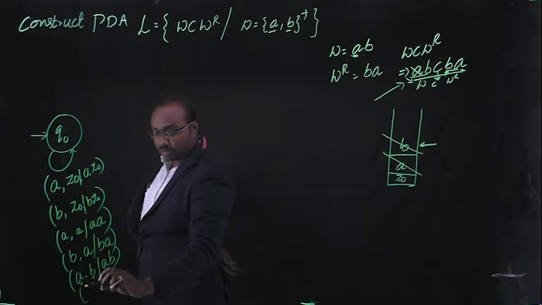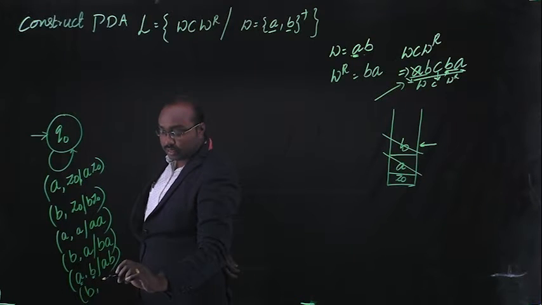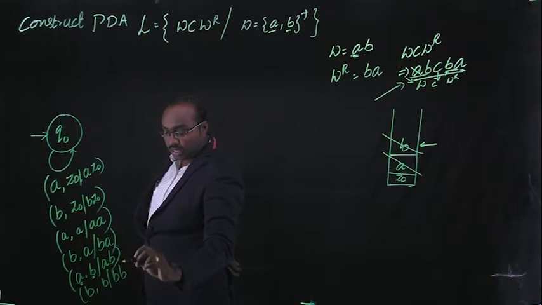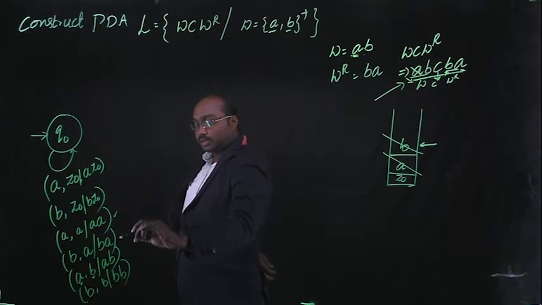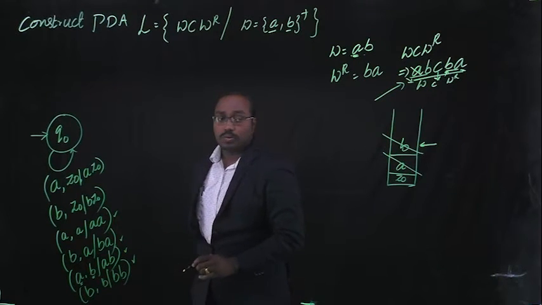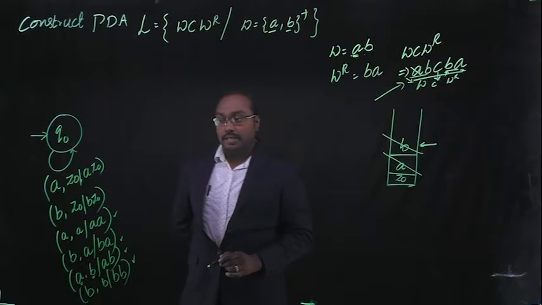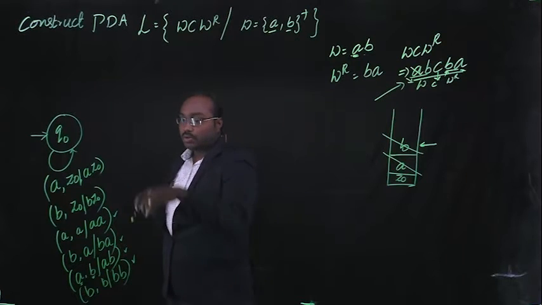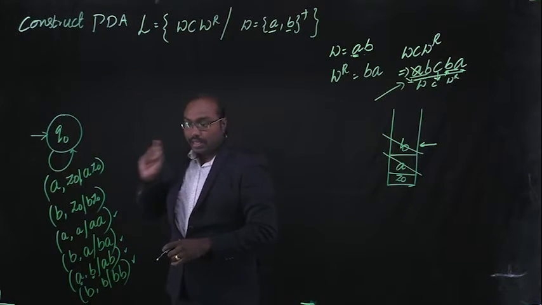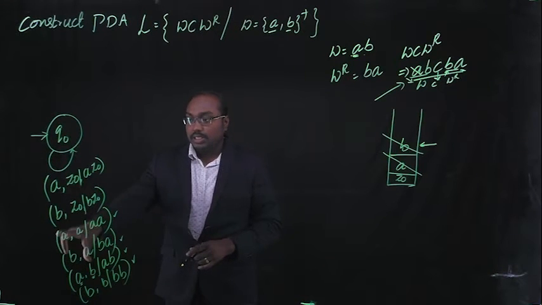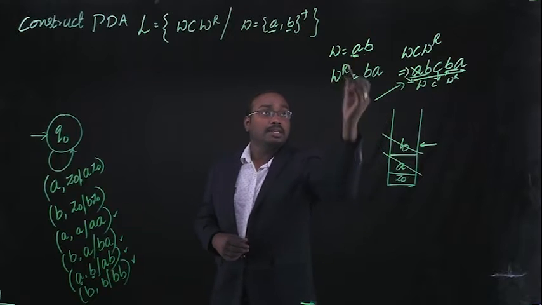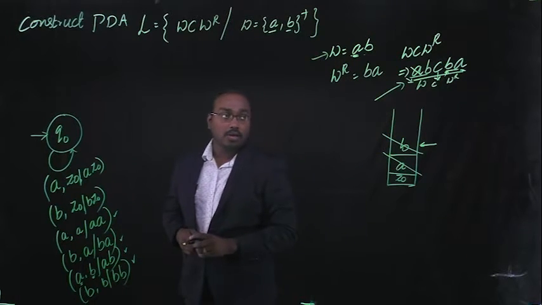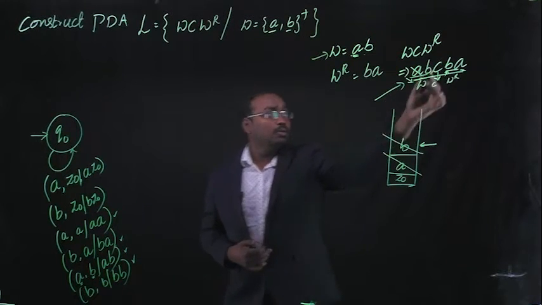If the input symbol is B and the stack's top is also B, then push that element onto the stack. So these are the four possibilities to insert elements onto the stack. Up to now we push all the input symbols onto the stack. That means W is over.